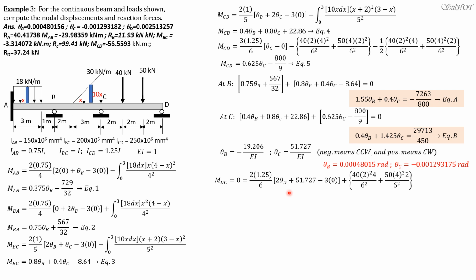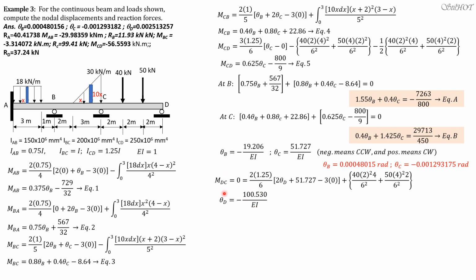So solving for theta D, we have to transpose this first to the left, so negative, then multiply by 6 divided by 2.5, then after that minus 51.727, then the answer divided by 2, that would be theta D. So negative 100.530 over EI.